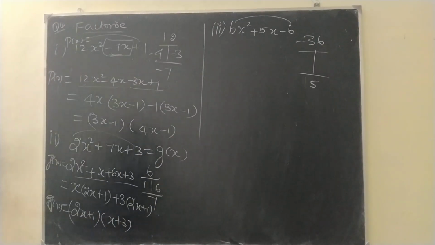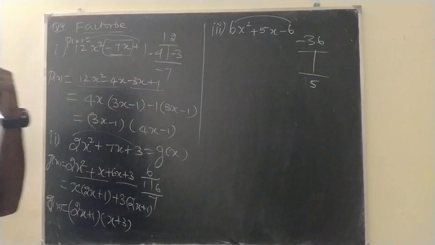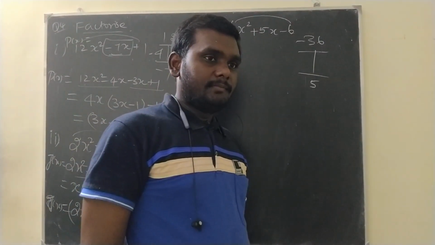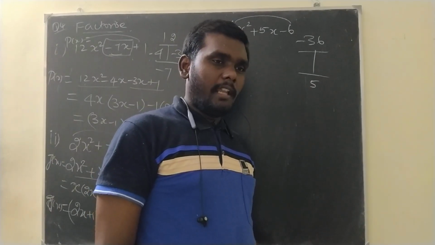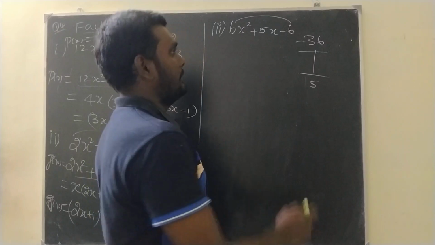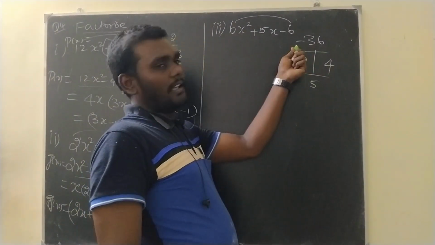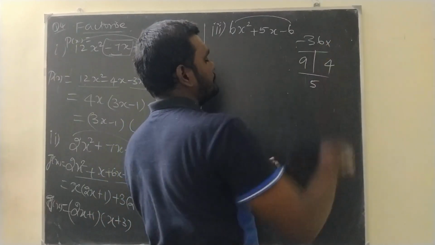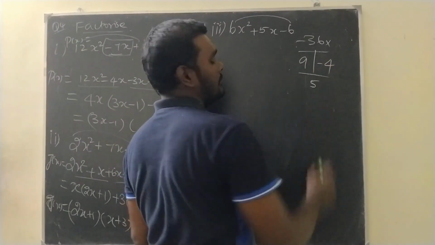What else we can do? Nine table. 9 4s are. Yes. 9 4s are. The number is negative, so any one number should be negative. Okay, so addition is positive. The small number should get the negative.